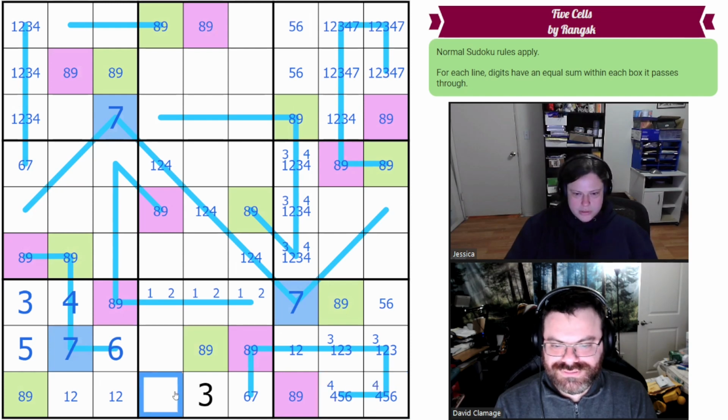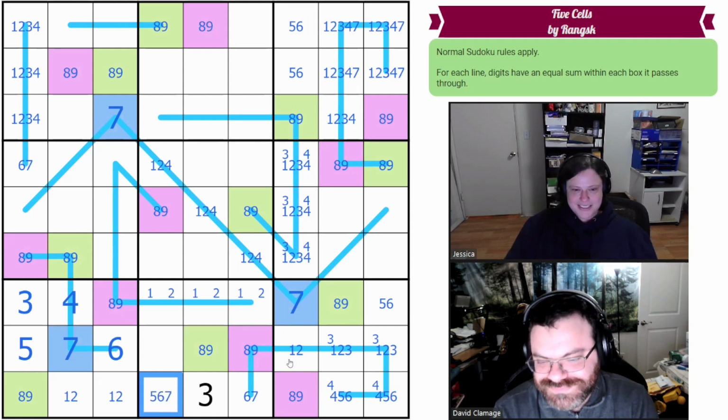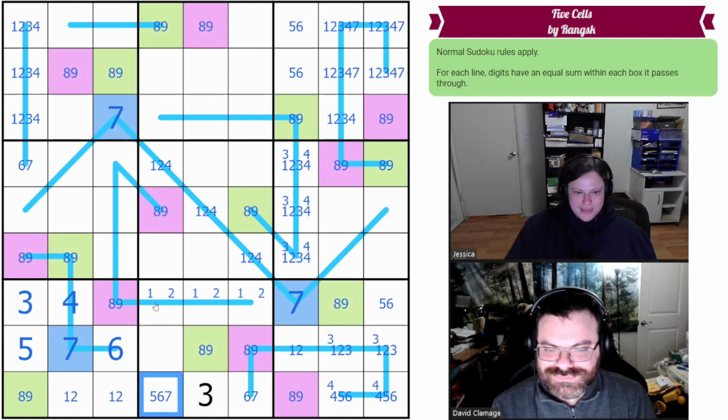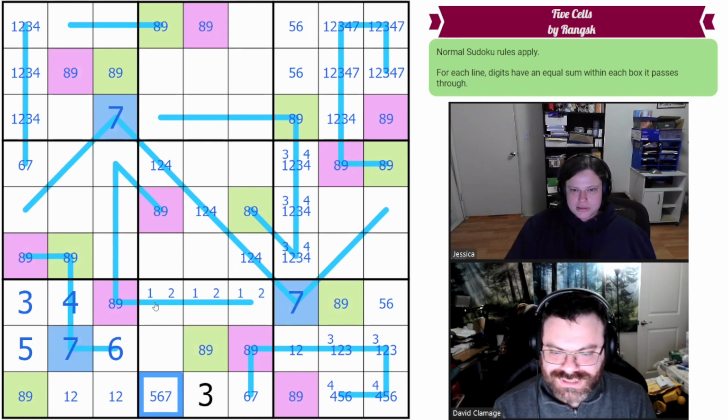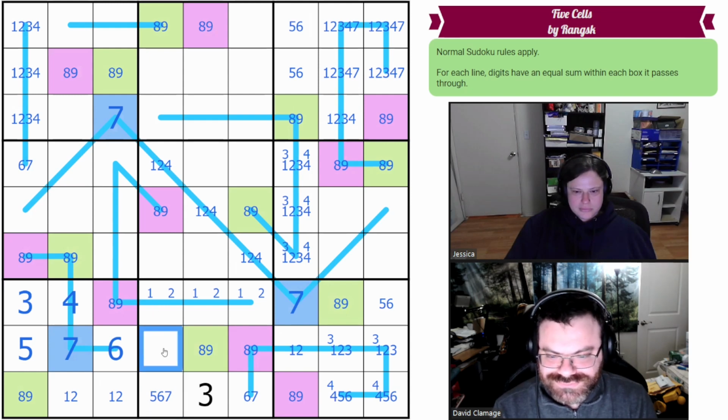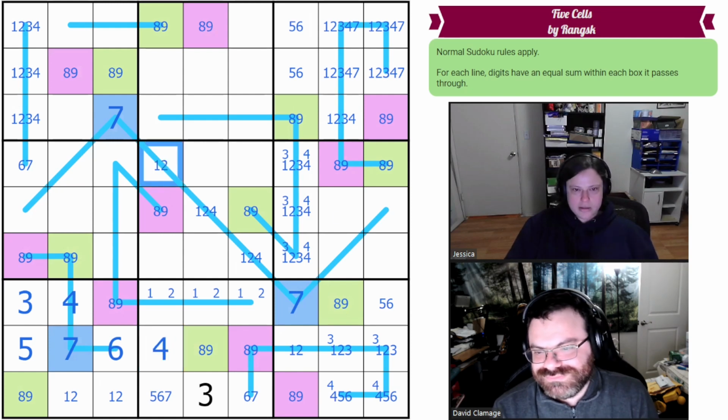Which leaves 5, 6, 7 here. Wrong mode. Wrong mode. Okay, cool. Row 8 has a lonely cell. It sure does. That's not very nice. That must be a 4. And that takes a 4 out of there.